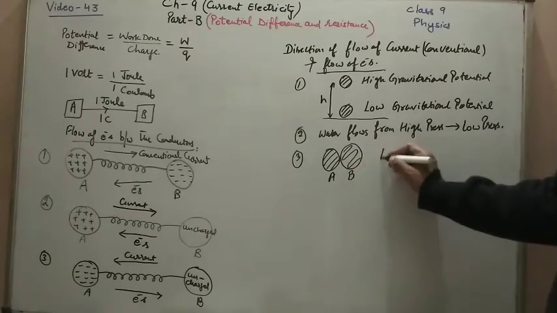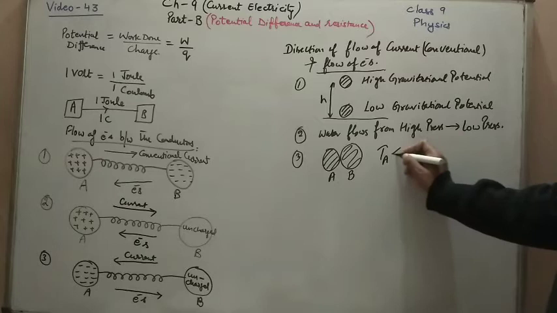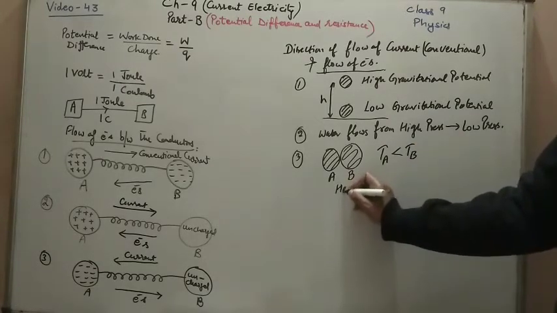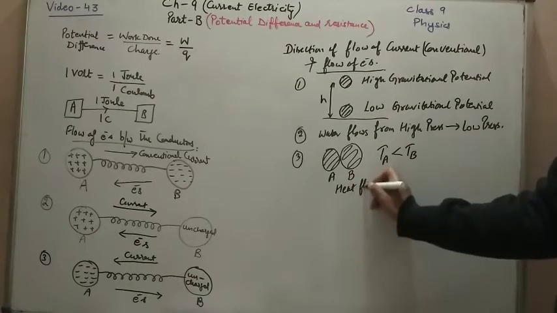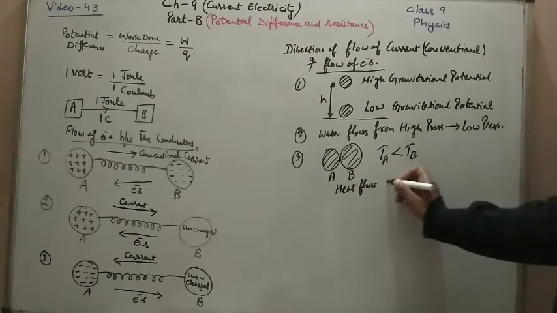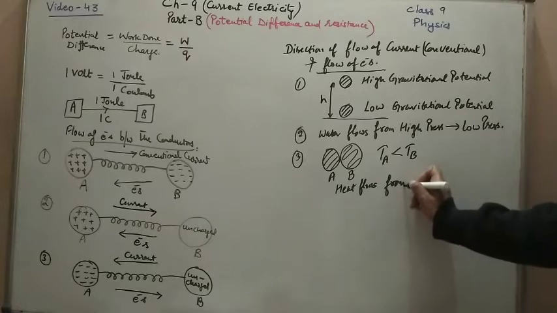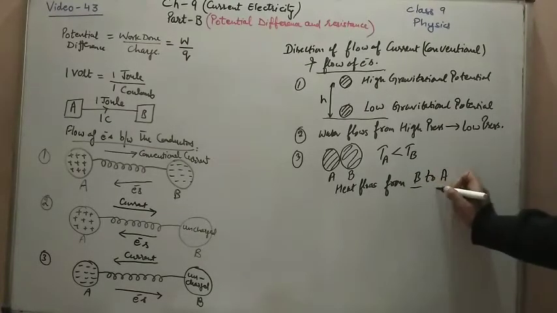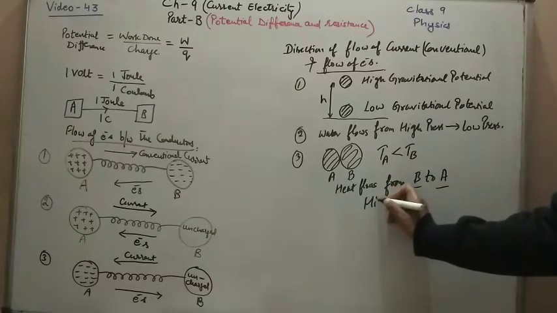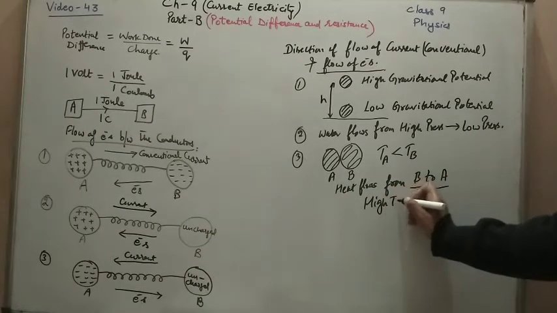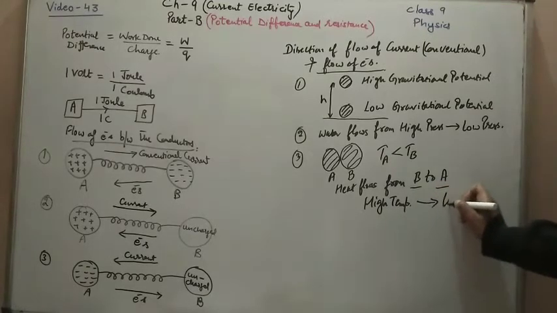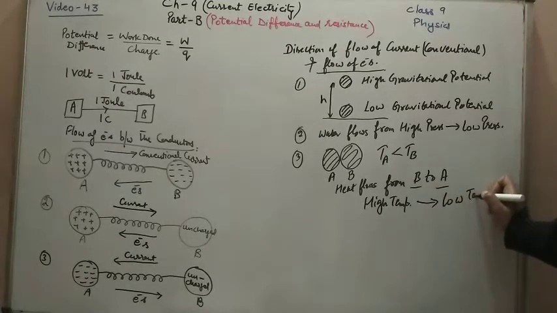Now A body's temperature is lower than B body. So heat flows from B to A, that is from high temperature towards low temperature.